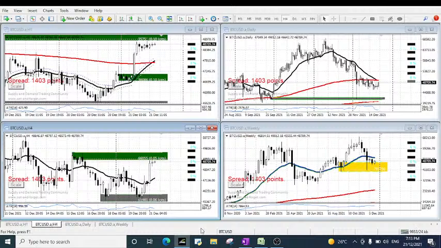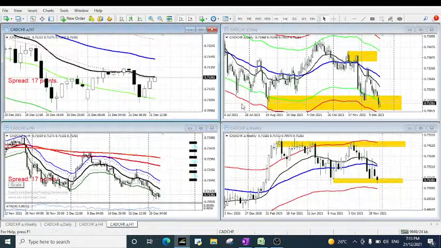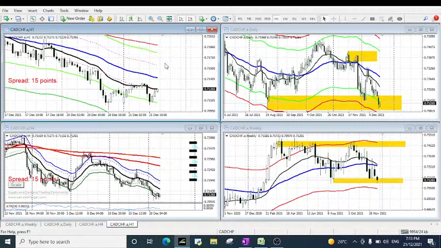Very, very important. If you consistently take buys where you have a bunch of sellers sitting, you keep losing money. It's like banging your head against the wall. You have to know where the mines are laid, and you avoid those mines as much as possible.